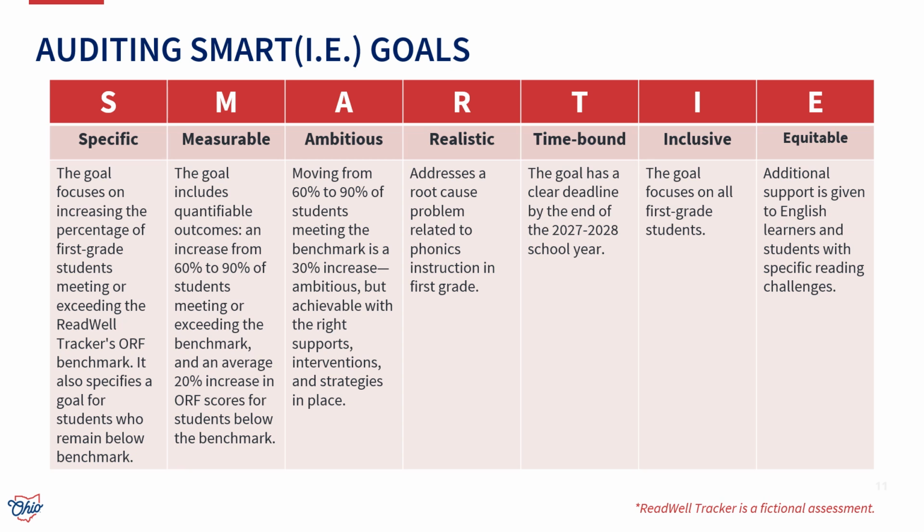The goal has a clear deadline by the end of the 2027-2028 school year. Is the goal inclusive? The goal focuses on all first grade students. And finally, is the goal equitable? The goal specifies additional support will be given to English learners and students with specific reading challenges.